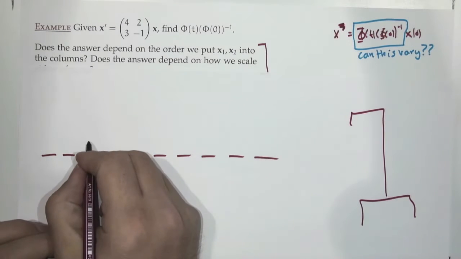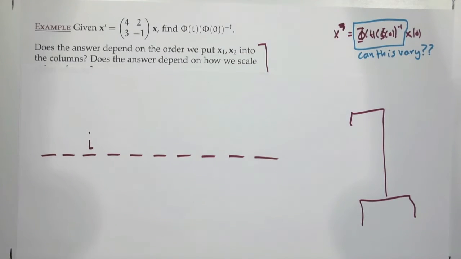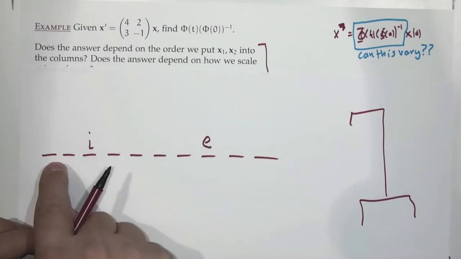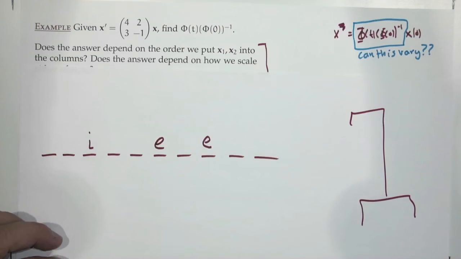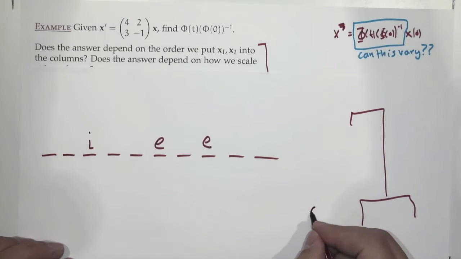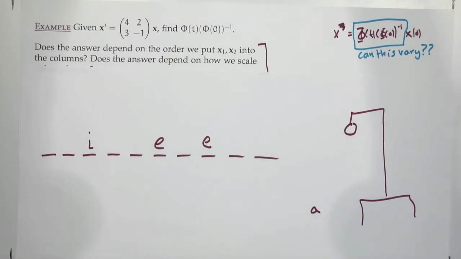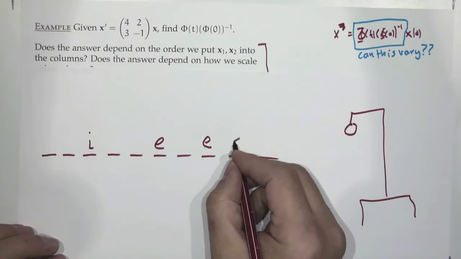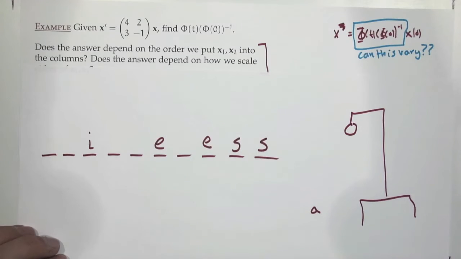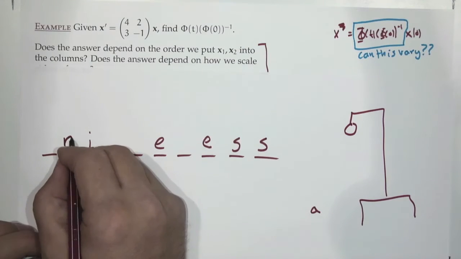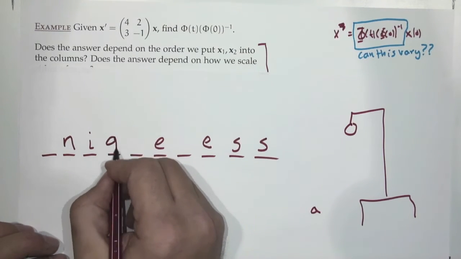I. Okay, I is a good one. E. E is another good one. All right. E. There we go. A. Oh, no, A. Oh, yeah. Oh, sorry. I'm sorry. Sorry about that. S. N? Q is a bold move.